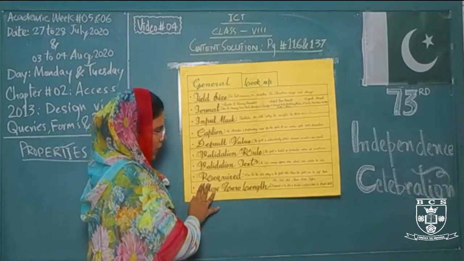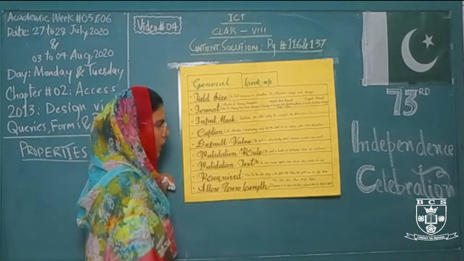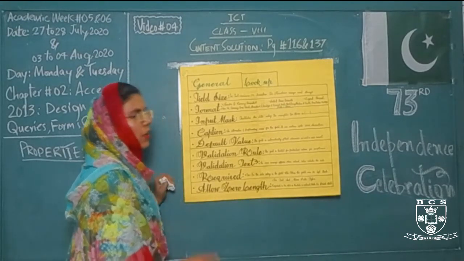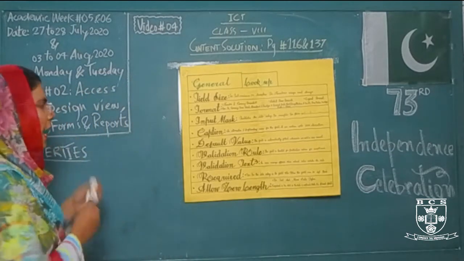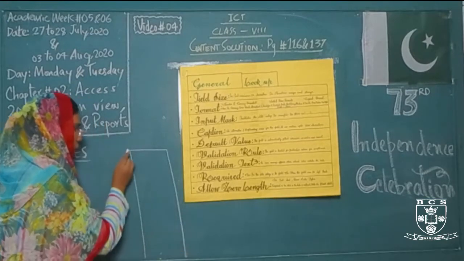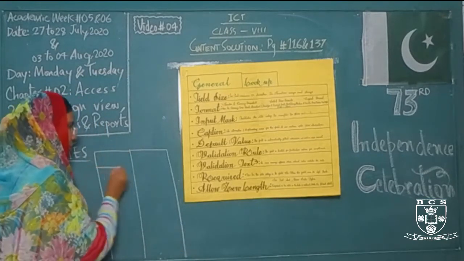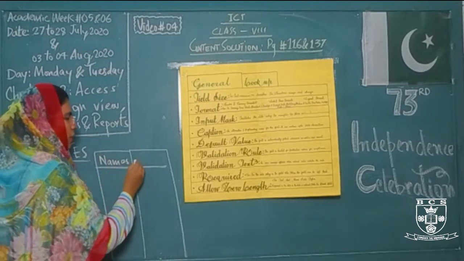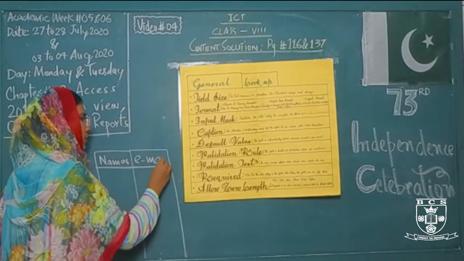Next is required. What is the required field? Required field is used whenever I want to add data as per my wish. For example, if I have this data, and this has the names, and this has the email addresses.